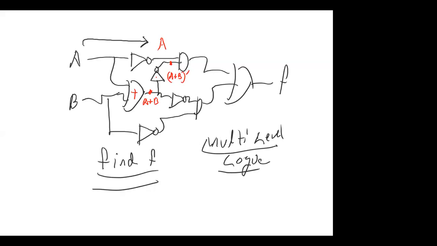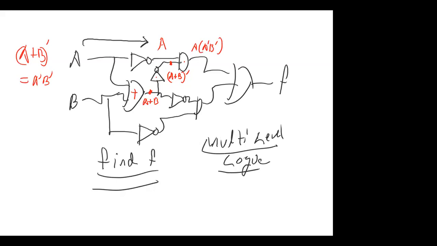And if you wanted to look at A or B inverted and use De Morgan's theorem, what would that give you? Anybody want to help? A prime, B prime. A prime, B prime, exactly right. So with A prime, B prime, and the AND gate here, I have A times A prime, B prime. What's A times A prime?